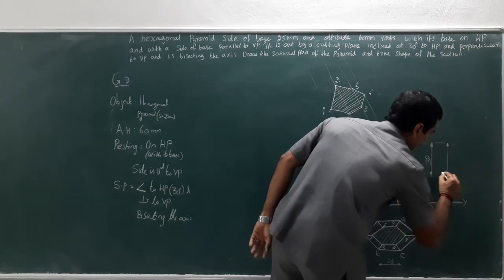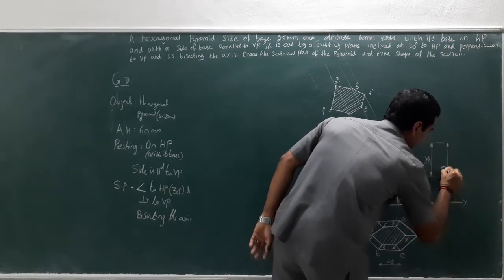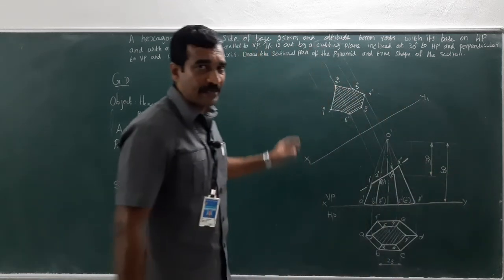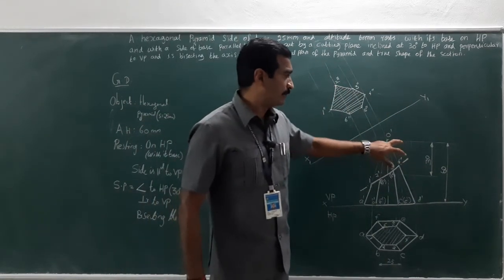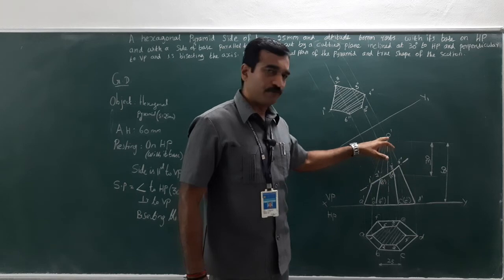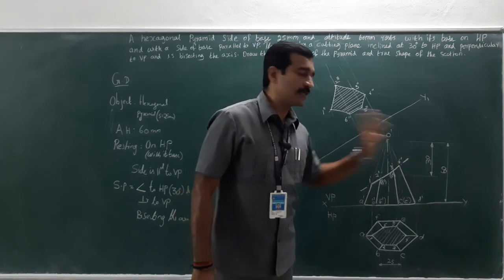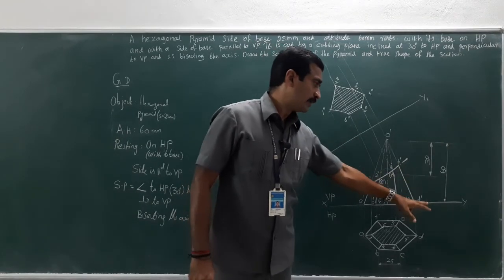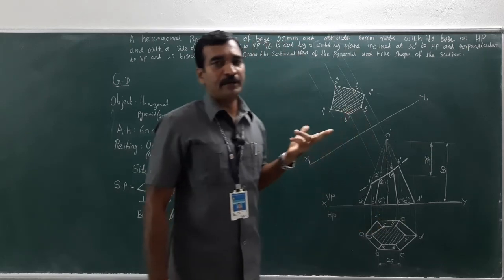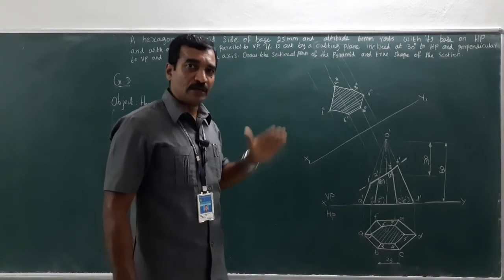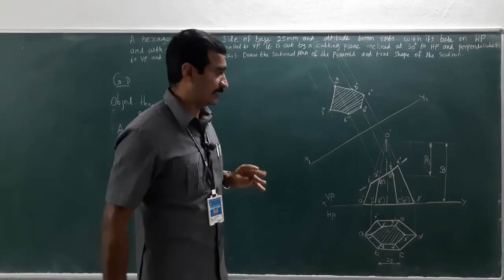Over the dimensioning line, mention it at the center as 60. And bisecting the axis, which is nothing but the midpoint from the apex or from the base, that is 30 mm. You can mention it from the base also because it's a midpoint. So from the top and from the base, it would be one and the same.